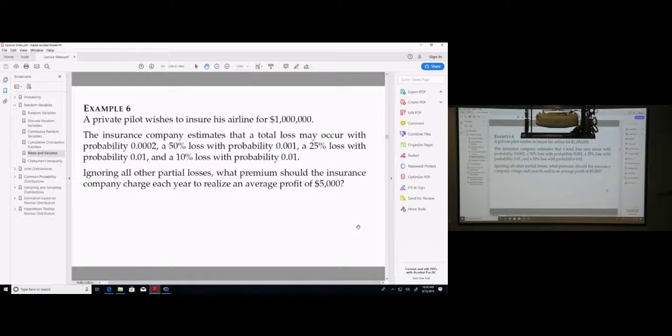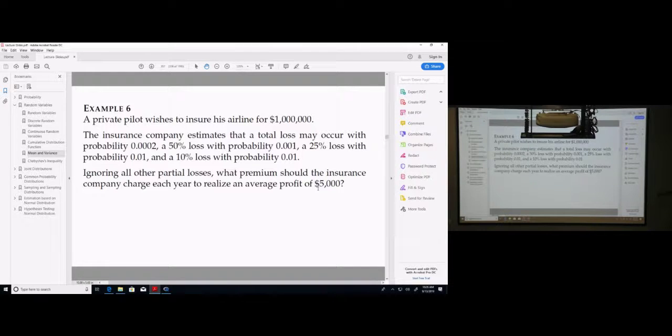So from the company point of view, he wants to make sure that the premium the insurance company wants to charge is reasonable enough. The first of all is to try to cover whatever the expected damage, expected claim, and then add on it a profit of $5,000.